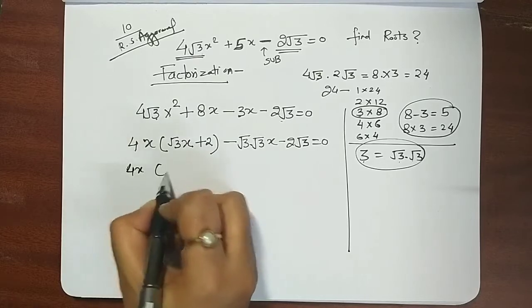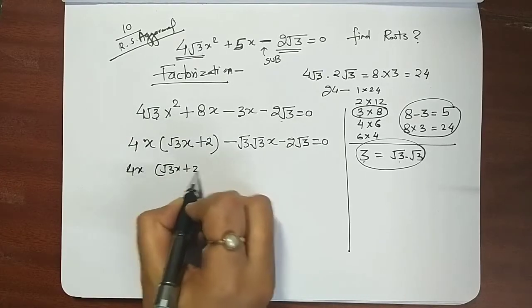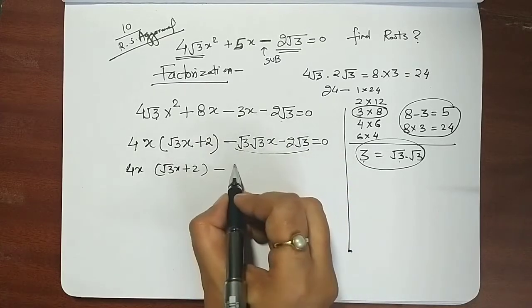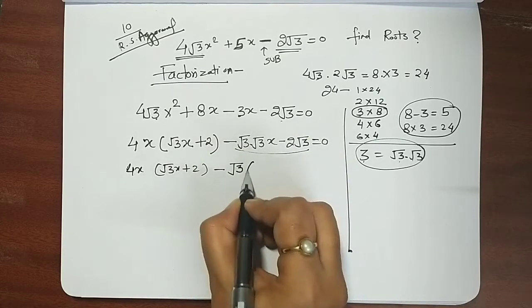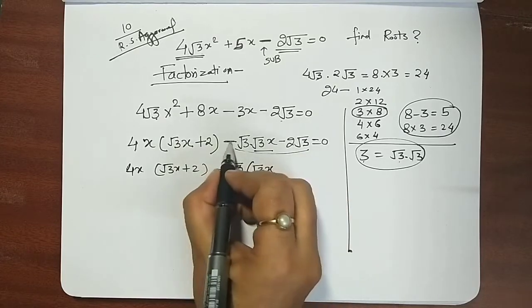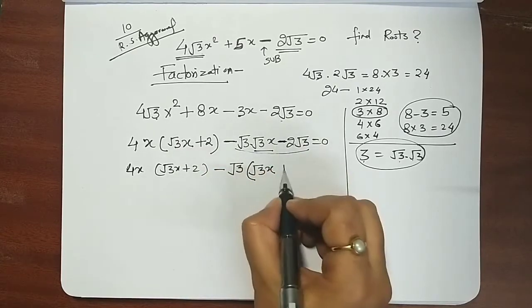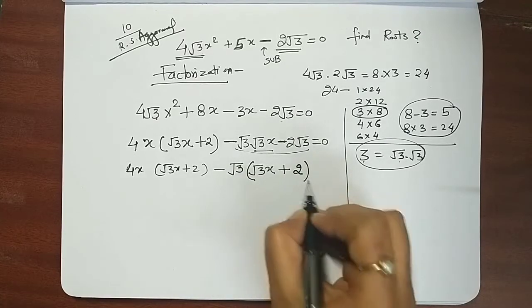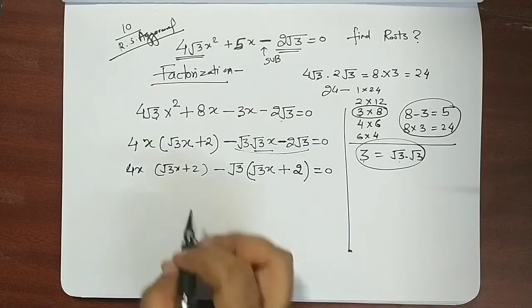Now let's copy it. Root 3x plus 2 minus, out of these two guys, what do you think can come out? Clearly root 3 is common. What is left here is root 3x, and because minus is common, this will become plus 2, equal to 0.